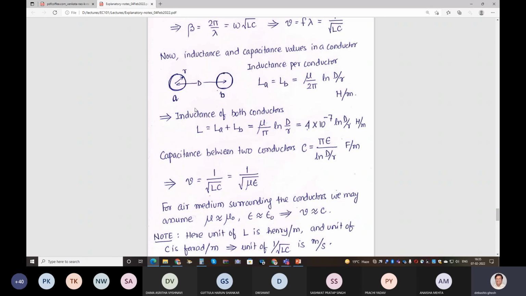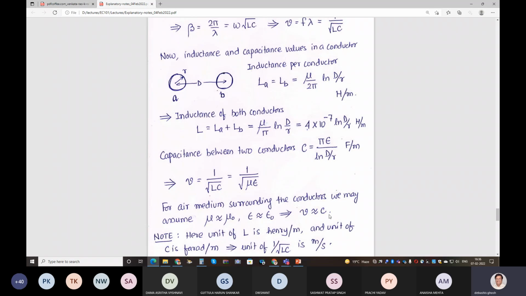So for air medium, mu is taken to be approximately equal to mu naught and epsilon approximately equal to epsilon naught. Although not exactly equal, more or less we can consider it. In that case, V turns out to be equal to C.